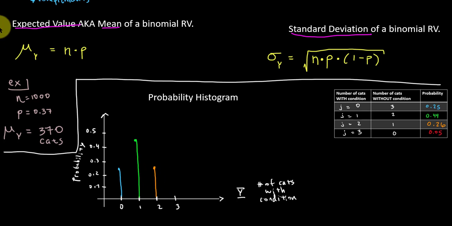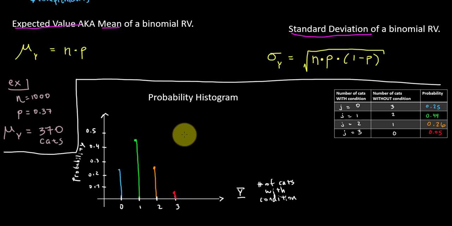Maybe my blue is too tall. There you go. And then 3 successes, 0.05, that'll be pretty short right here. Cool, even color-coded. Well, what shape does this have? I would say it's got a mild skew, skewed to the right.